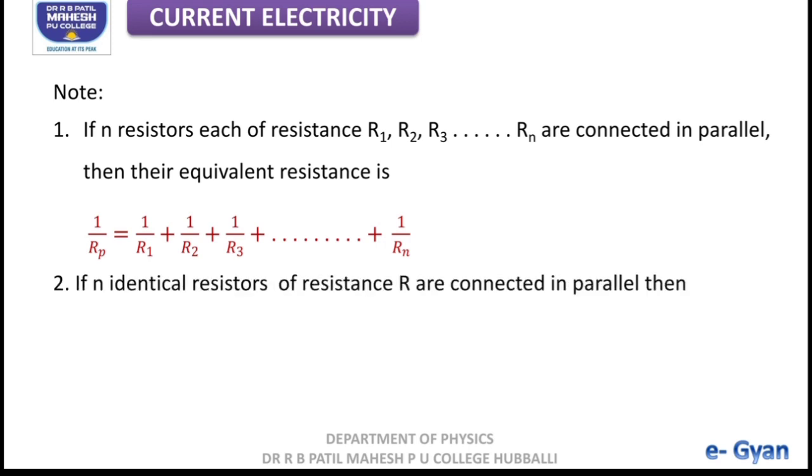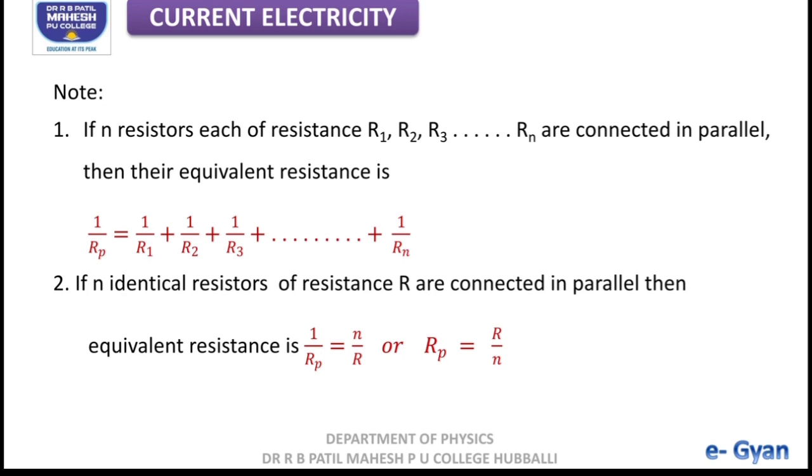Second point, if n identical resistors are connected in parallel, then the equivalent resistance is given by 1 by Rp is equal to n divided by R, or Rp is equal to R divided by n.